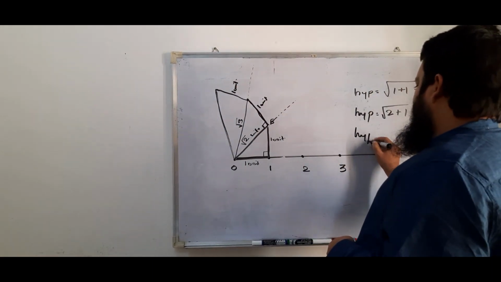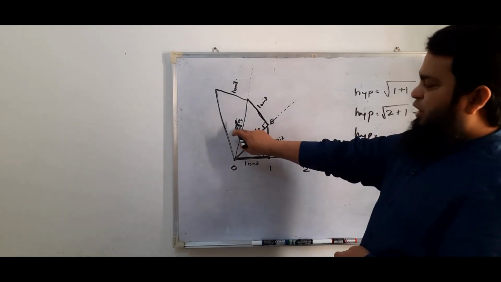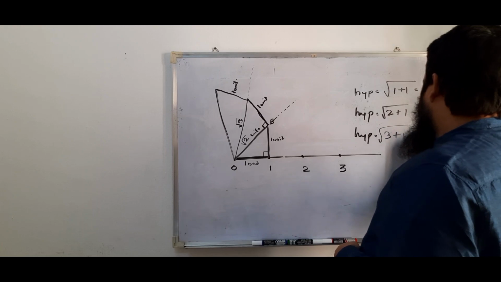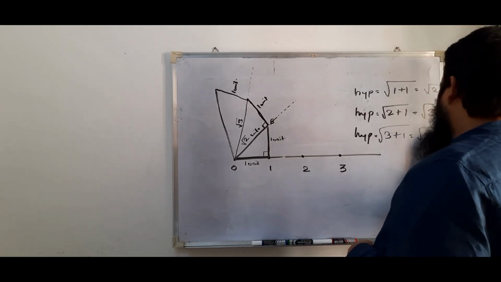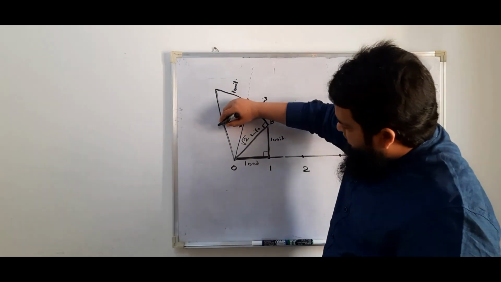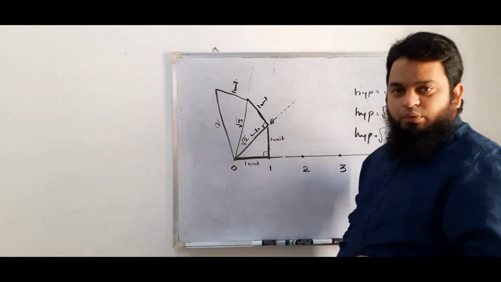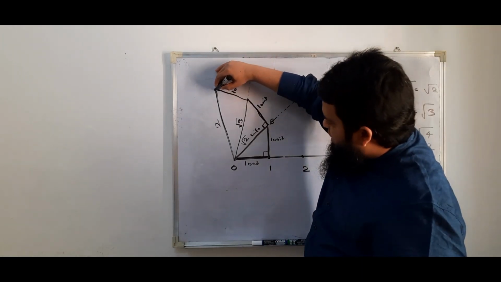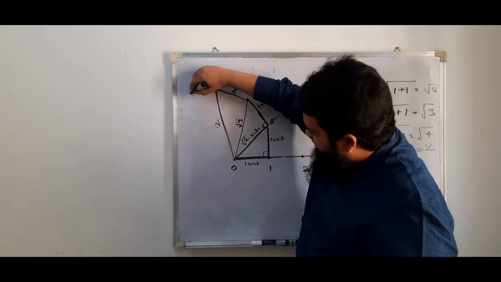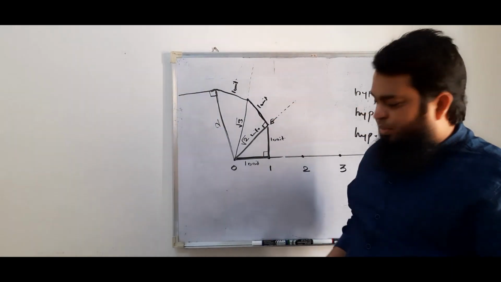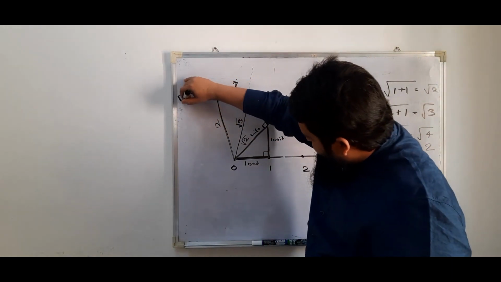The third hypotenuse equals root 3 whole square is 3 plus 1, that equals root 4, and root 4 is a rational number, therefore 2. So that means this hypotenuse is 2. Okay, now from here you can take another perpendicular line like this. Okay, now join these 2 points.